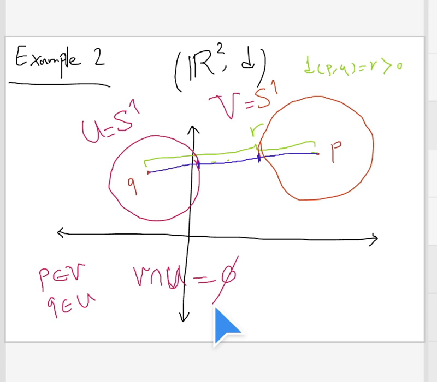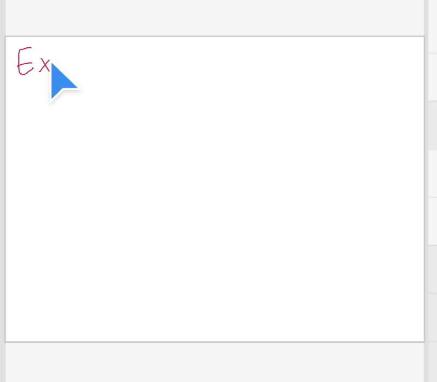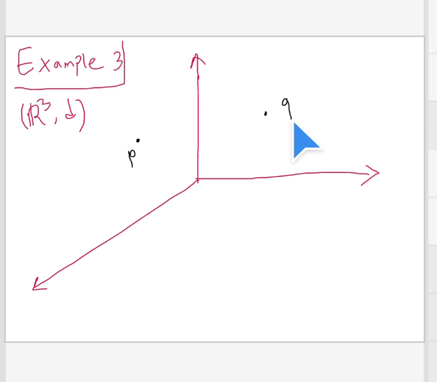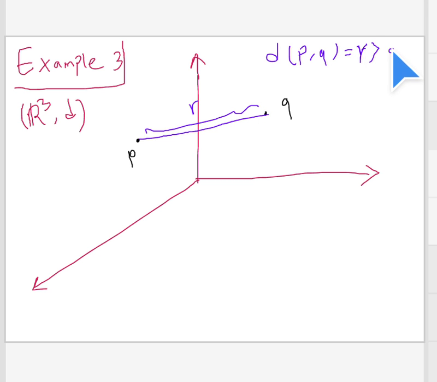I give another example. Example 3. In three-dimensional space R3, with the Euclidean metric, I have two points here, P and here, Q. Again, I give a line between P and Q. For example, d(P, Q) is r, greater than 0.